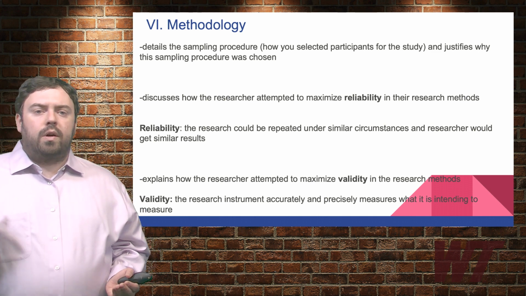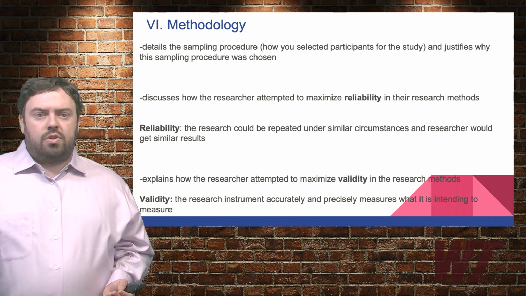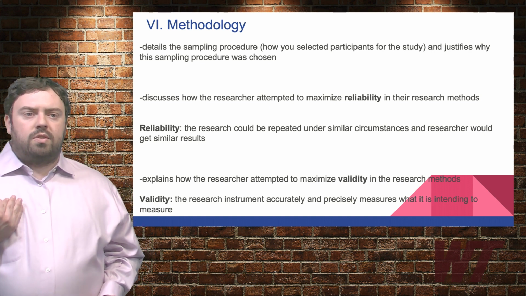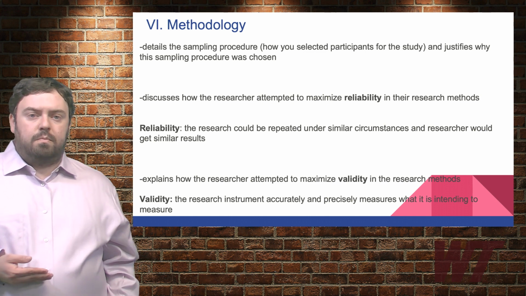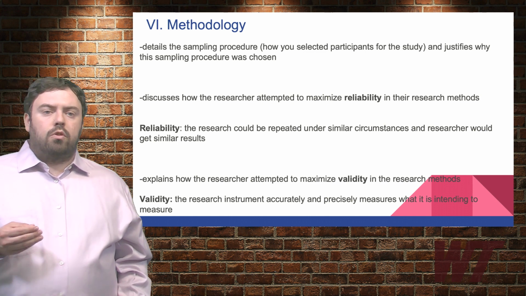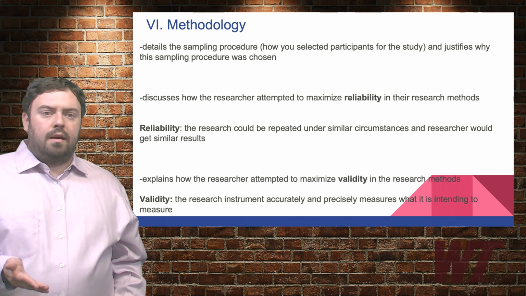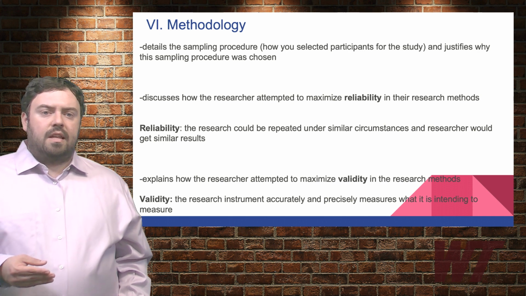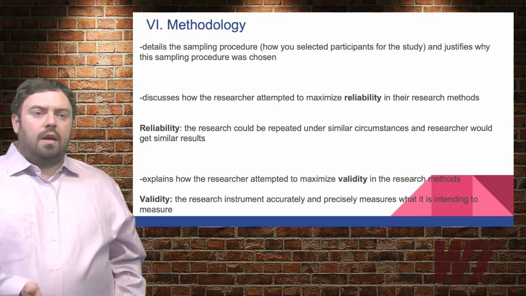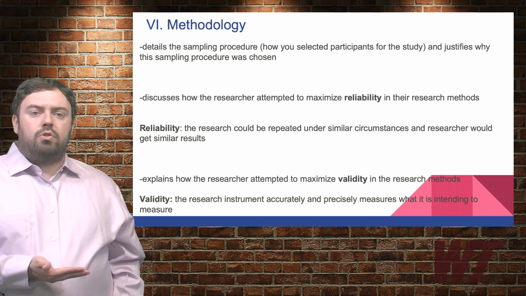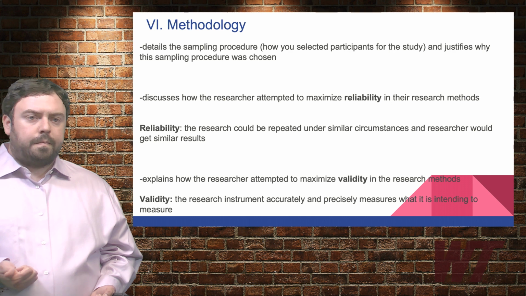Either way, you're going to describe your sampling procedure and why you chose this procedure, and why you would define it as this kind of procedure. So you recruited participants in this way, which means that you used this kind of sampling procedure, and then you want to explain why you chose it.